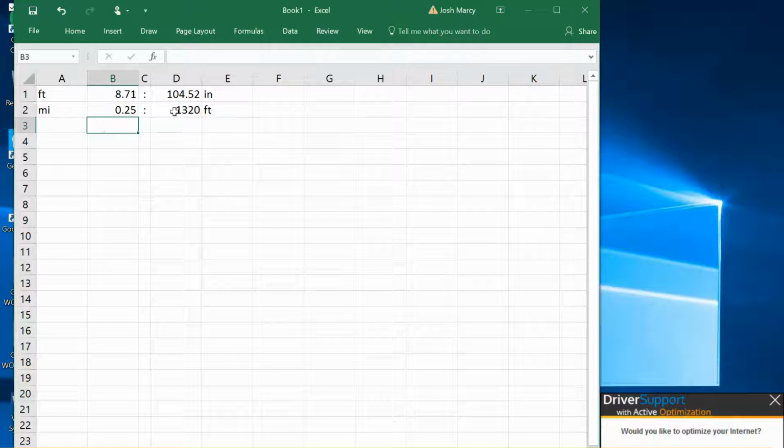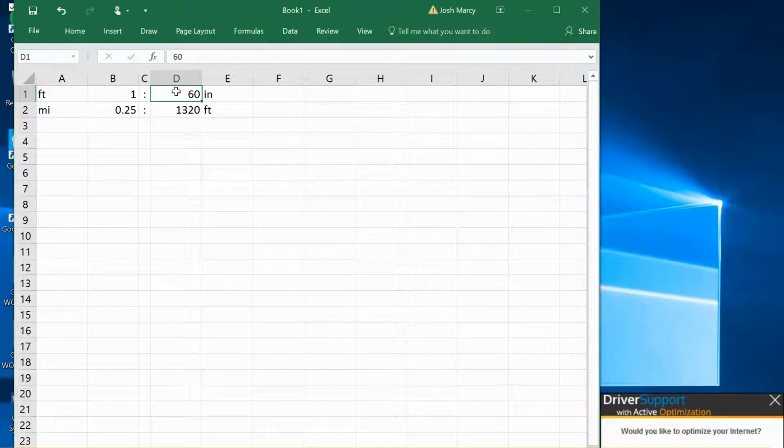Okay, we could set this up to go the other way as well. Let me clear this. 12 inches is 1 foot. Oops. Now, if I gave you a certain number of inches, say I change this to 60, my feet is not changing because I don't have a formula in there yet.